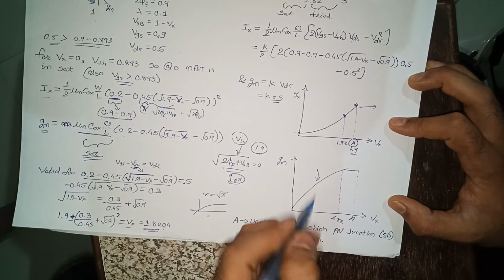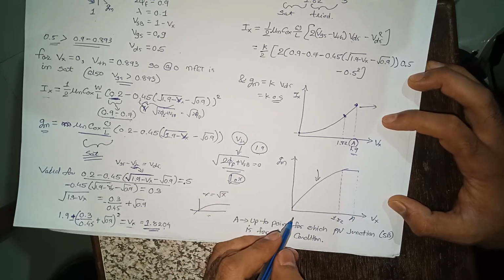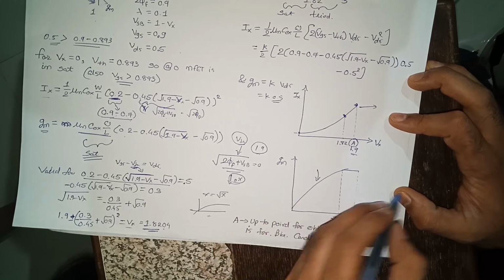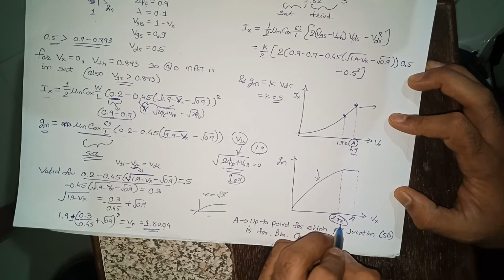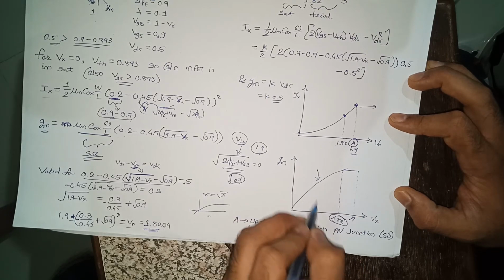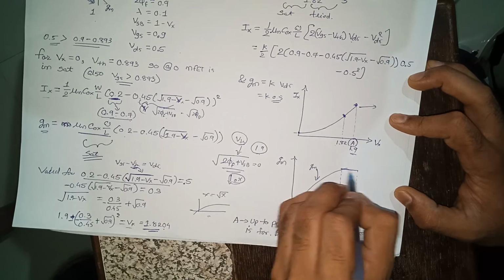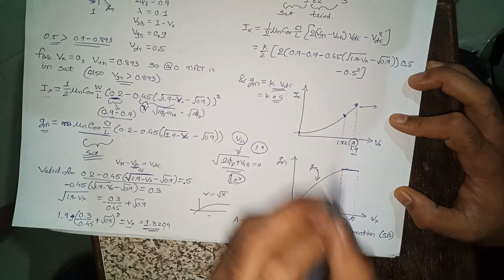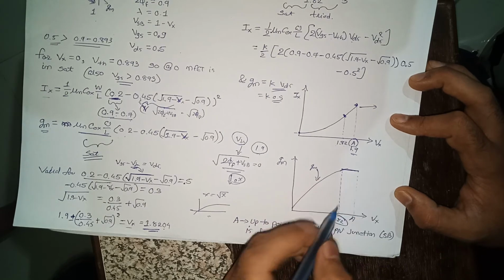I will simulate and upload the image after this video. Anyway, I was telling that same for Gm, up to 1.84 it will be a saturation region, and the Gm curve will follow this, and after that it will be constant K VDS. Here VDS is not changing, so it will be constant.